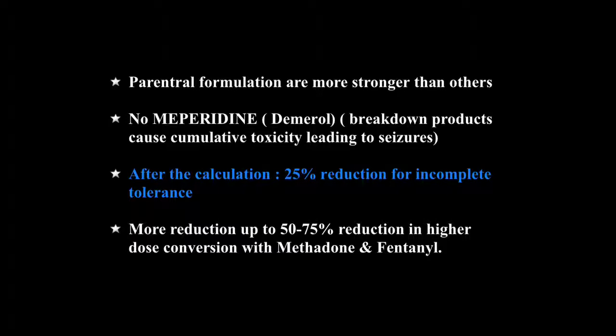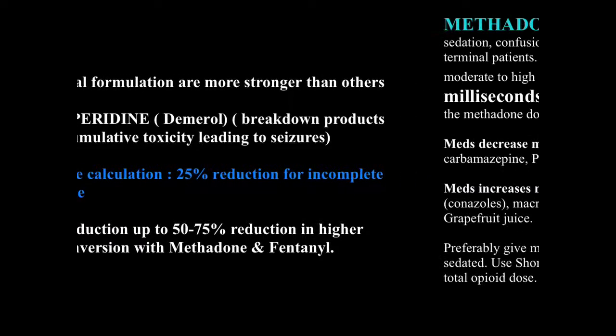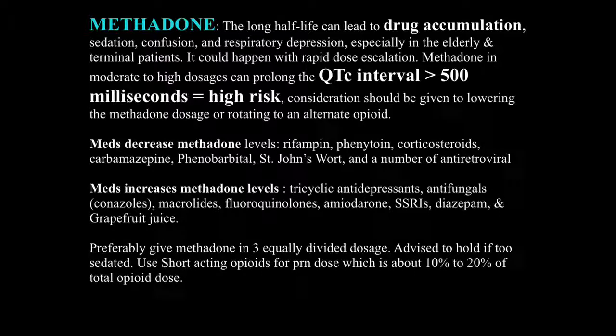After calculating the dose, there should be 25% reduction for incomplete tolerance, and more reduction is needed, up to 50 to 75% for methadone and fentanyl. Methadone, be careful.